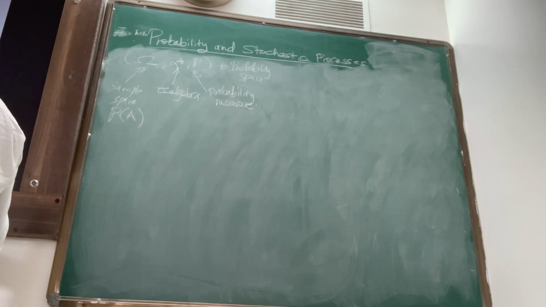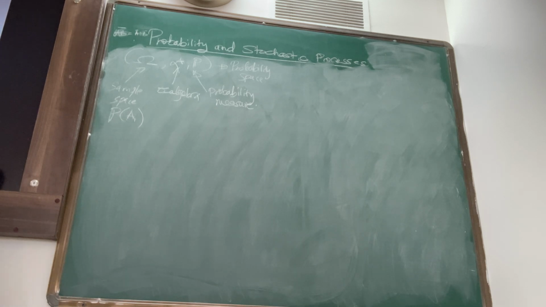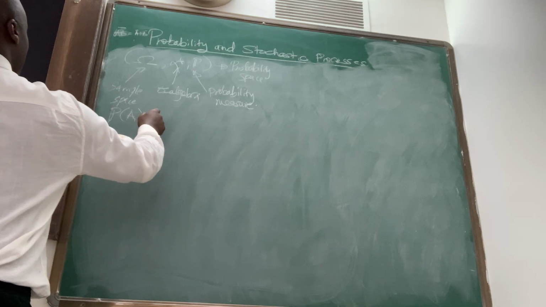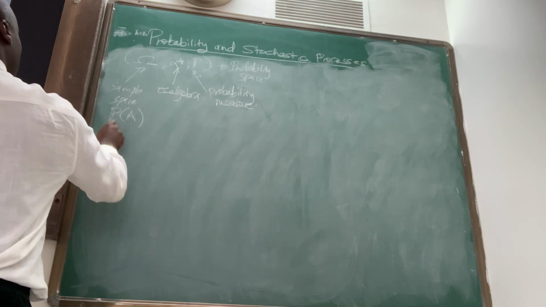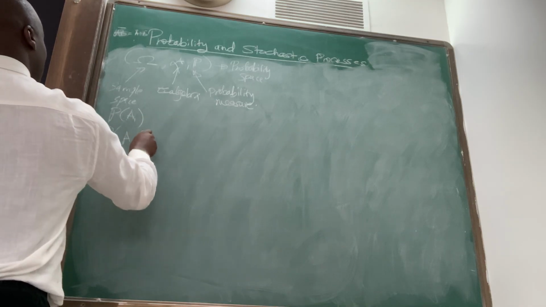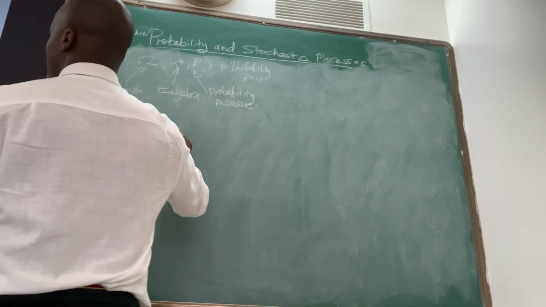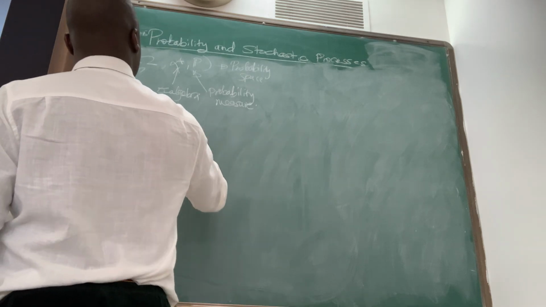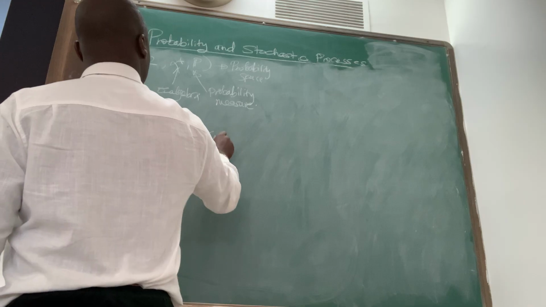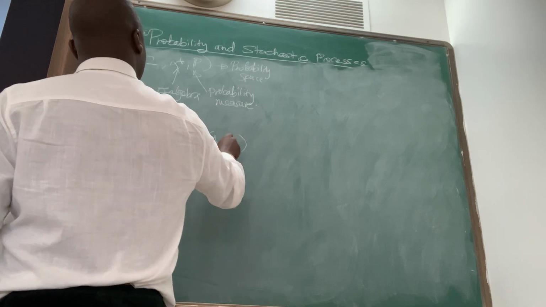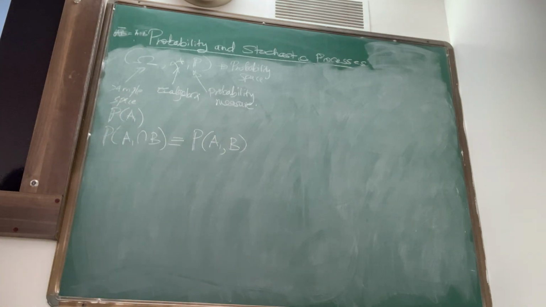And then we have the probability of the intersection. That is quite interesting because the probability of the intersection between A1 and B sometimes can just be written as the probability of A1 B. And we're going to really look at this in our Bayes principle.